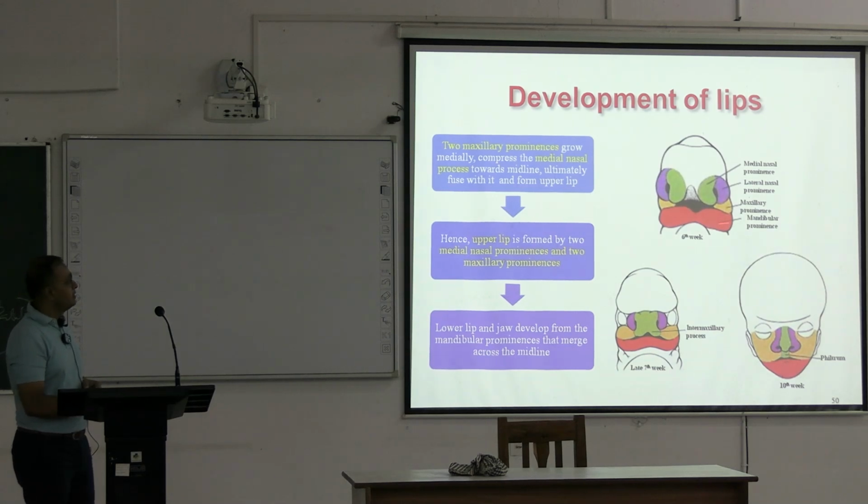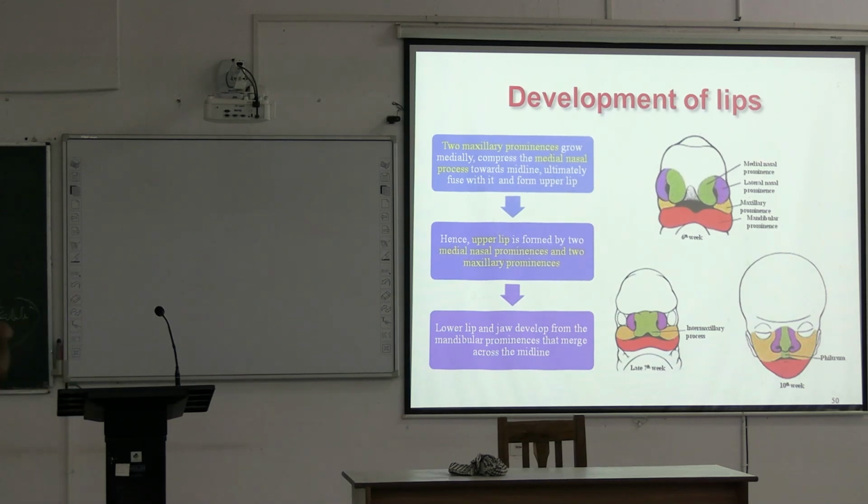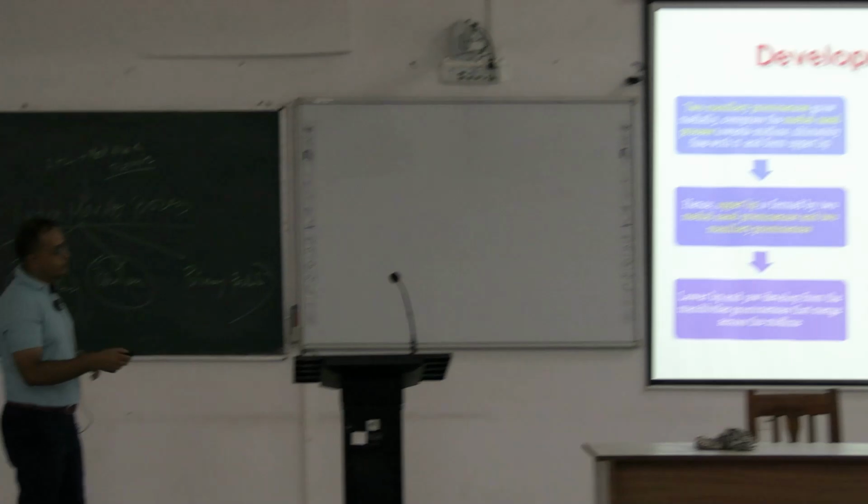The lower lip is easy in a sense: for developmental reasons, the mandibular prominences, right side and left side, come together and form the lower lip. The upper lip forms from two sources. Right side maxillary prominence and left side maxillary prominence form the vermilion border of the lip, and the middle portion, which we call the philtrum, is formed by the union of the two medial nasal prominences, known as the intermaxillary process or intermaxillary body.